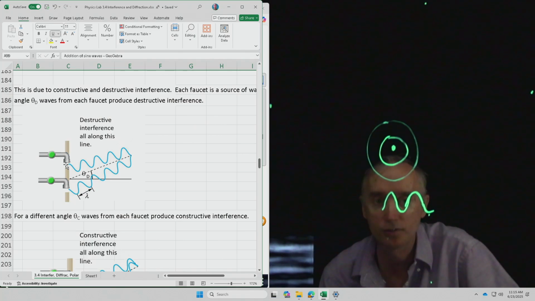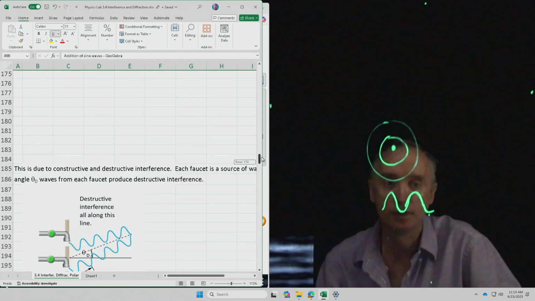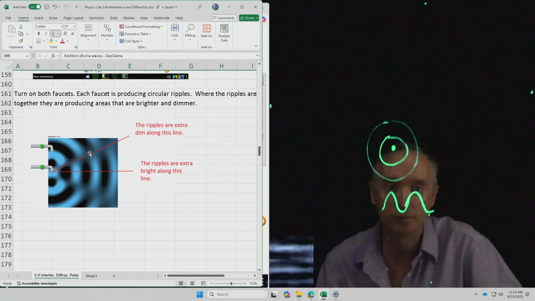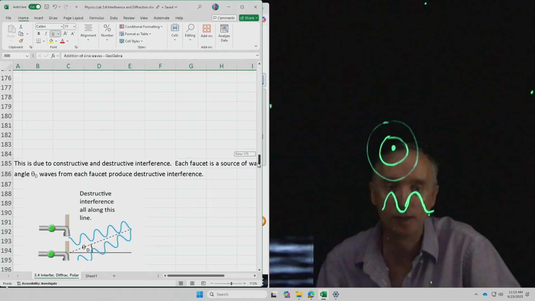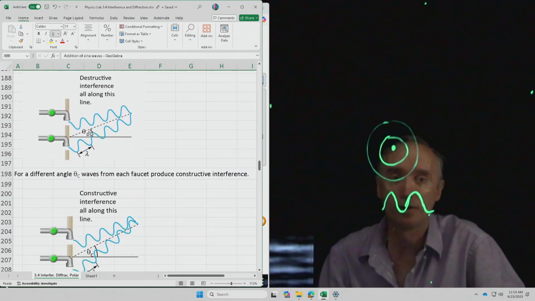In between the two slits is right about here, and that is where this dotted line is drawn from. And that is the angle in this picture. So you see the red one here? Okay, so each of those lines is going to be making a certain angle. And this would be a typical angle for destructive.